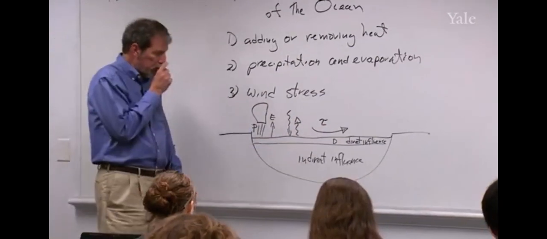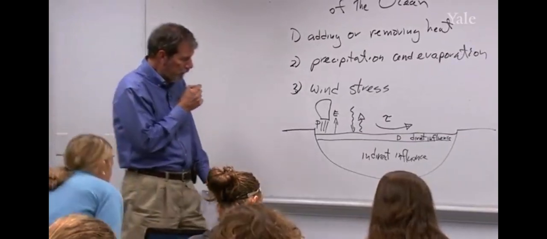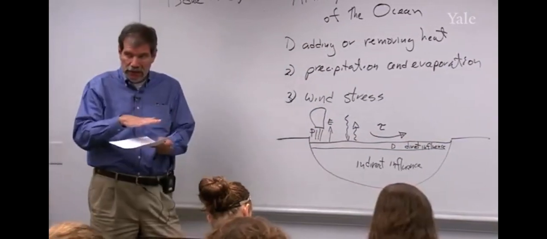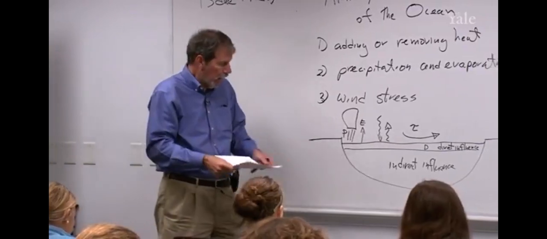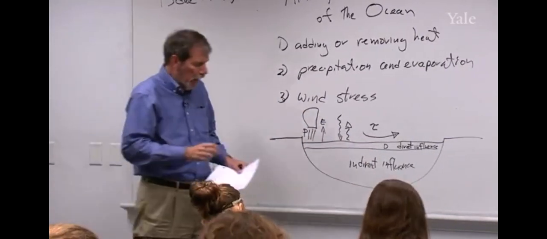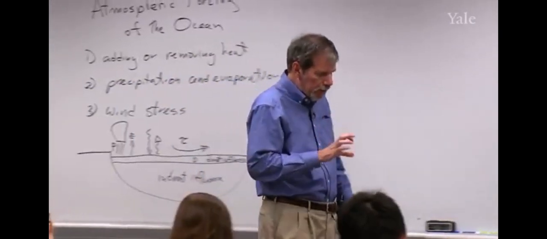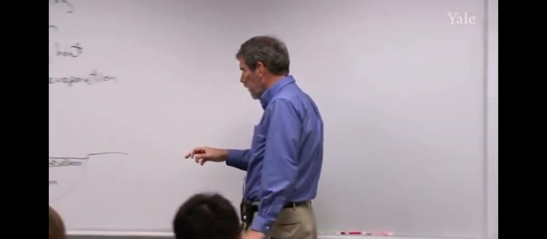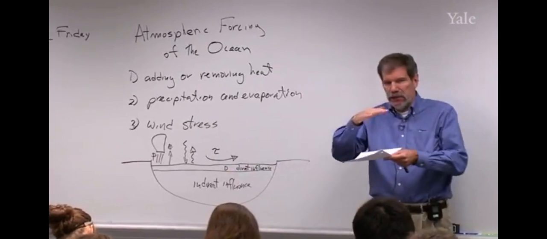I'm going to use Greek letter tau to represent that. But I've indicated that there's a layer which feels these inputs directly. And I've called the depth of that capital D. And that will vary from time to time and place to place, but typically that's a very small fraction of the ocean depth. When I do examples, I often set D equal to 100 meters.